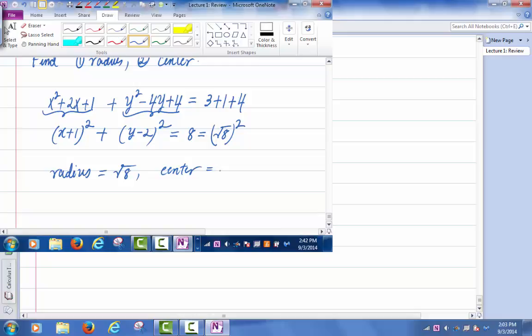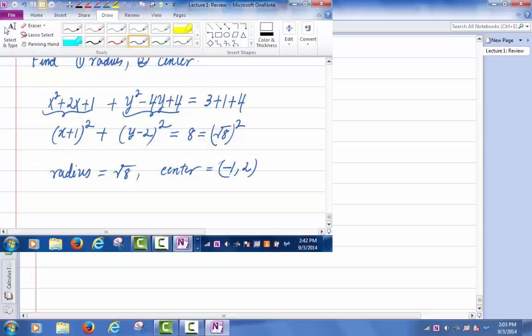It's not 1 and 2, right? It's negative 1 and 2. Does everybody realize that? Instead of having x plus 1, if I had x minus 1, then the center would be 1, 2, right? But if I had x plus 1, then it would be negative 1, 2. You guys are okay with that?